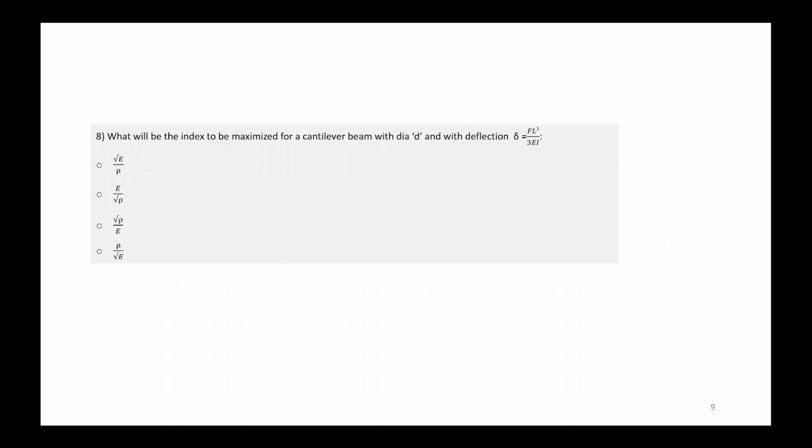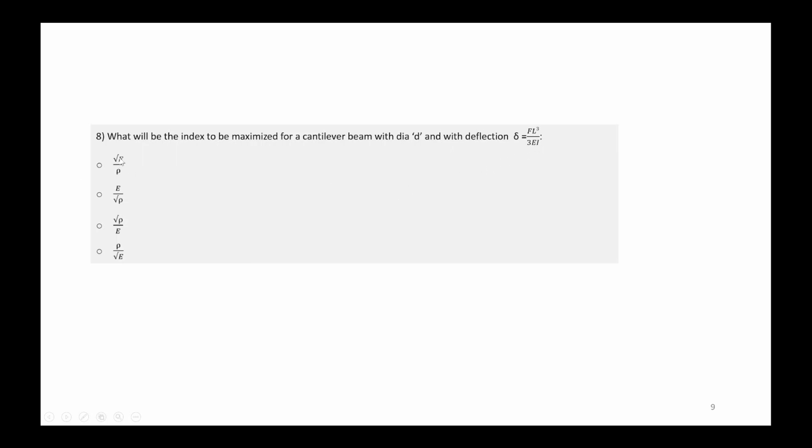Now question 8. What will be the index to be maximized for a cantilever beam with a diameter D and with deflection delta equal to F L cube upon 3 E I. F is force, L is length of this beam, E is elastic modulus, I is inertia.